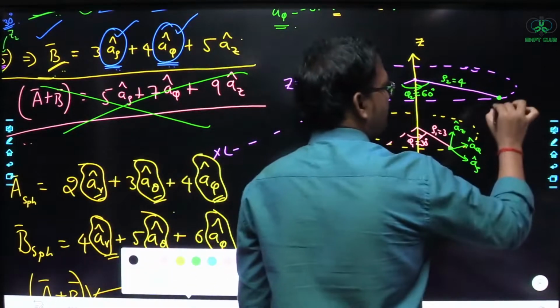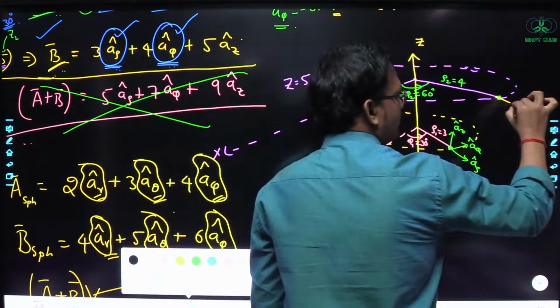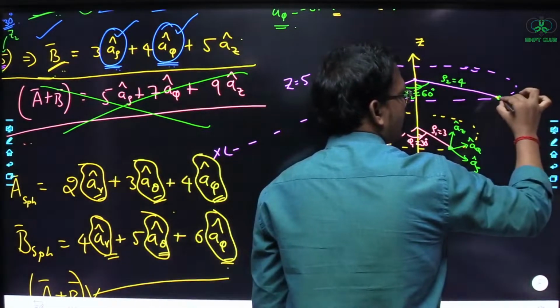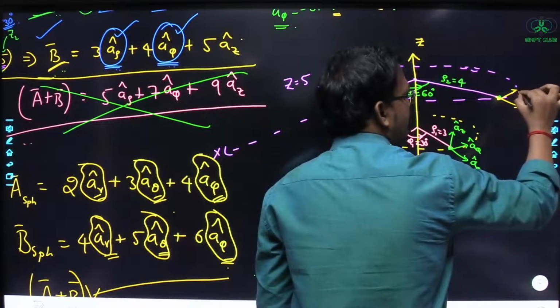So at this point, the ρ cap is going to point in this direction, the φ cap is pointing in this direction, and the z cap is pointing in this direction.